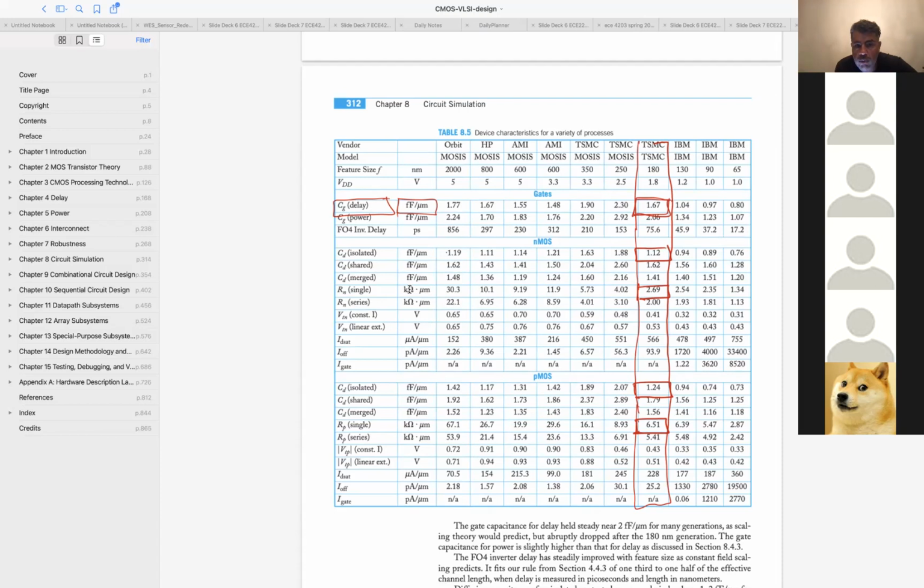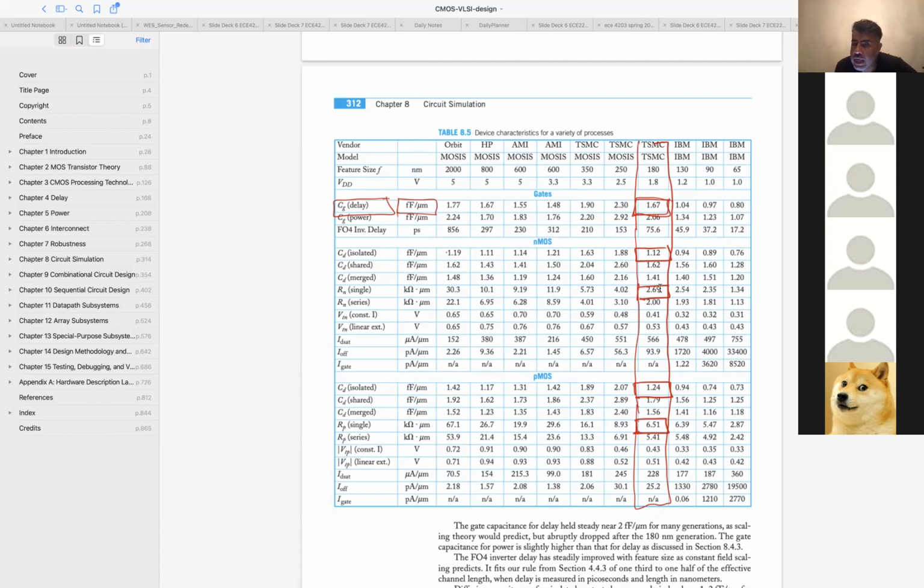So you divide this R sub n by the width of your device. If you had a 1 micron wide device, the effective resistance of that device would be 2.69 kilo ohm microns divided by 1 micron, so you end up with 2.69 kilo ohms. If you had a 10 micron wide device, the effective resistance would be this divided by 10 microns, so it would end up being 269 ohms.